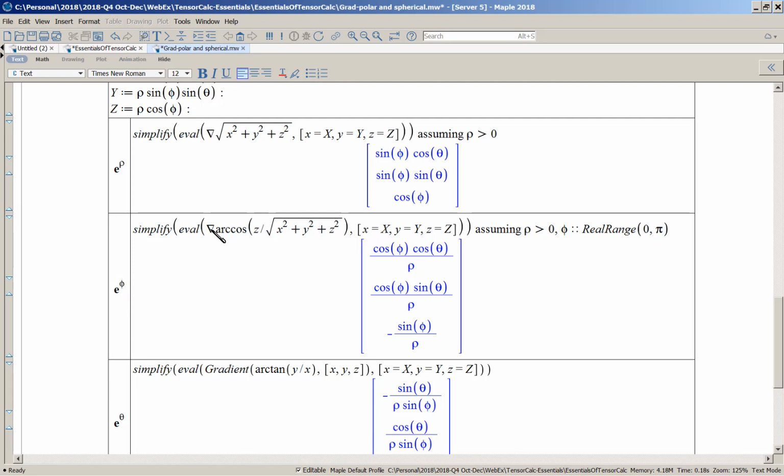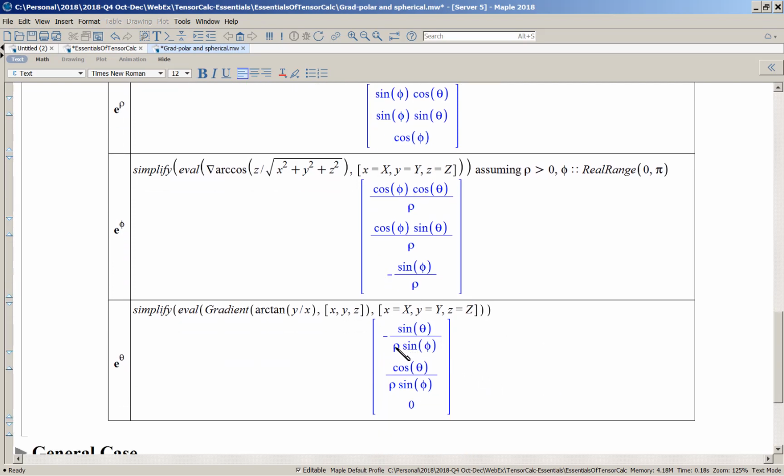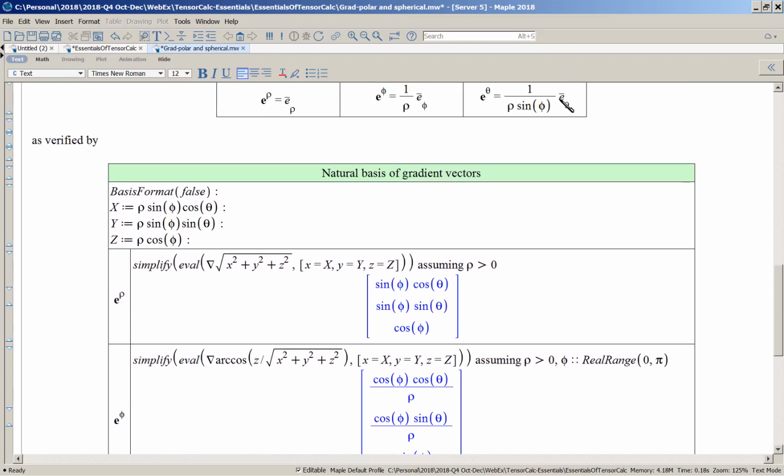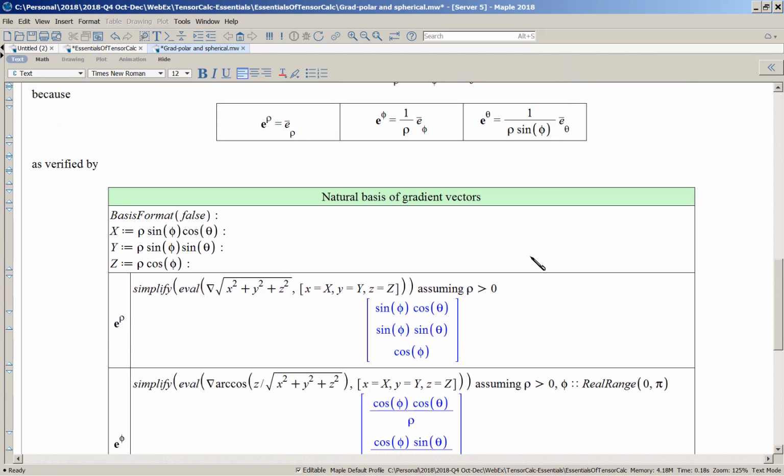But you can't use del and then give coordinates. So you have to use the gradient command itself, and you say x, y, z. See the 1 over rho sine phi, 1 over rho sine phi. So there's your scale factor that shows up over here.